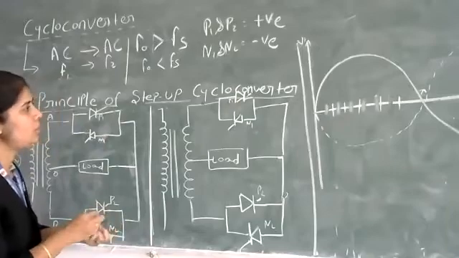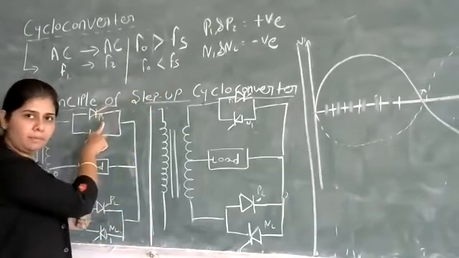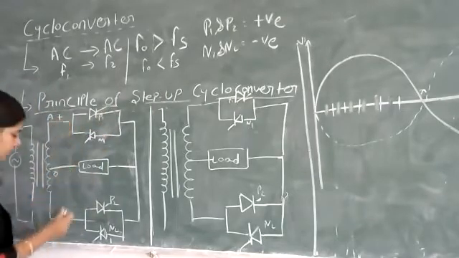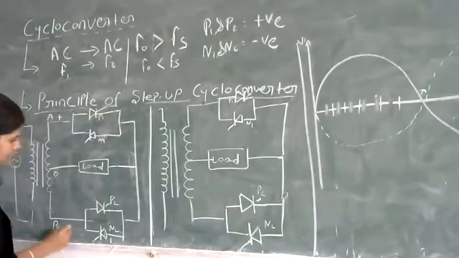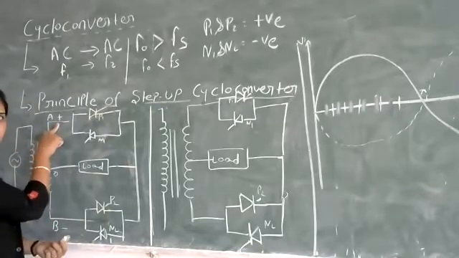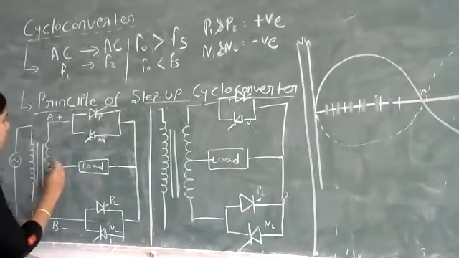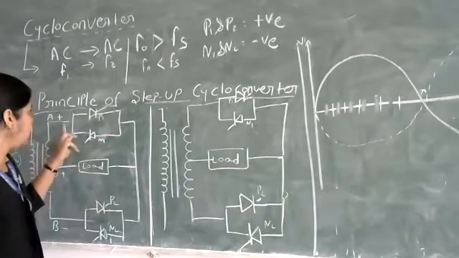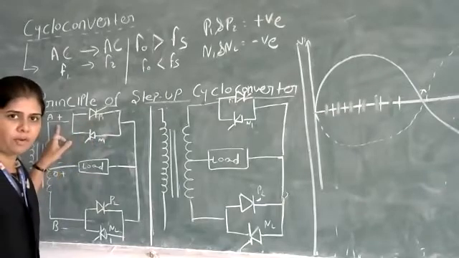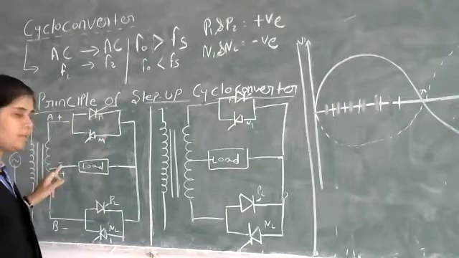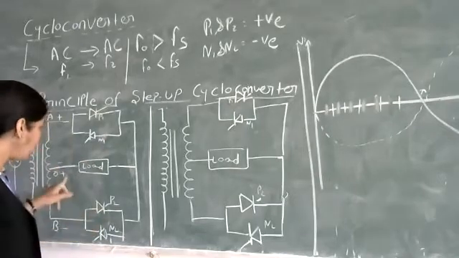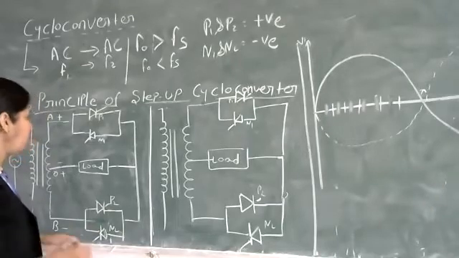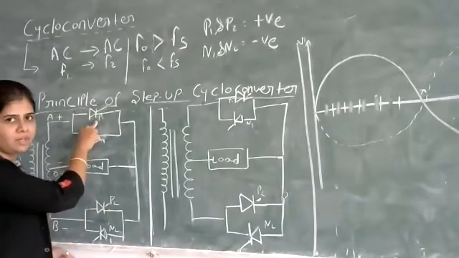At that time, terminal A is positive with respect to B, which means A is positive and B is negative. So thyristor P1 is forward biased and thyristor N2 is reverse biased. Thyristor P2 is also forward biased and thyristor N1 is reverse biased. So firstly, we trigger thyristor P1.